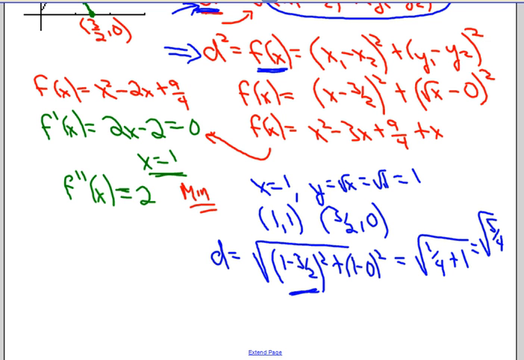And if I simplify that, how close does it come? It comes to the square root of 5 over 2. Let me write that a little bit neater. So it's the square root of 5 over 2 units that is the minimum distance between the curve y equals square root of x and the point 3/2, 0. That completes the problem.